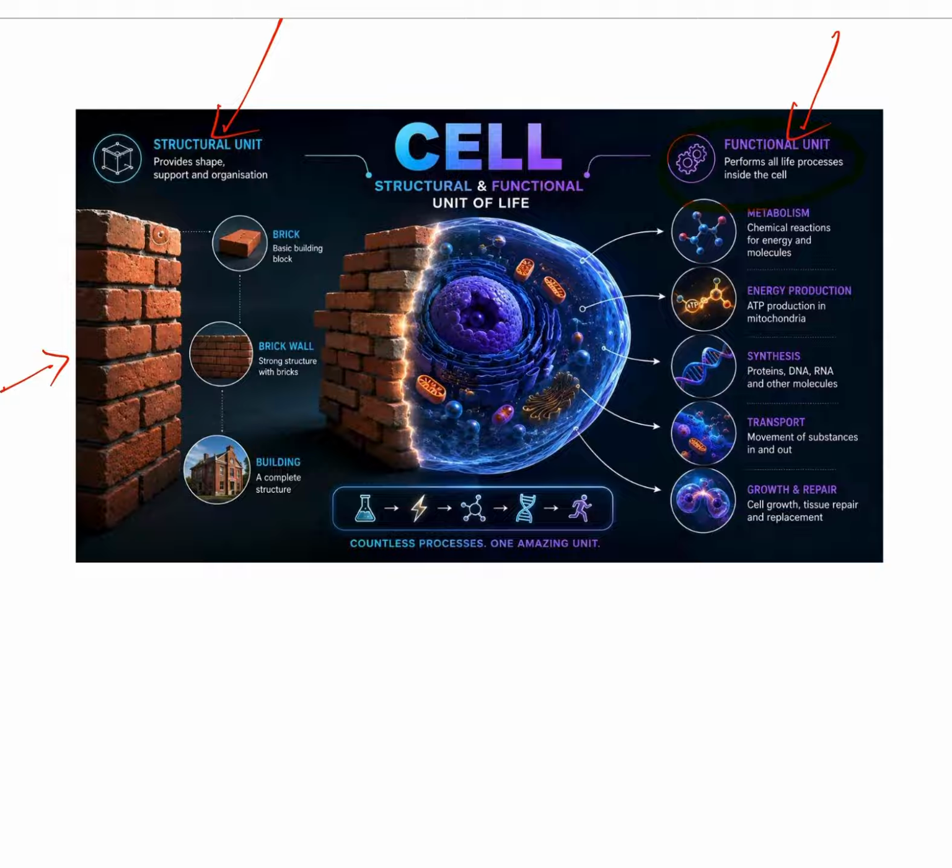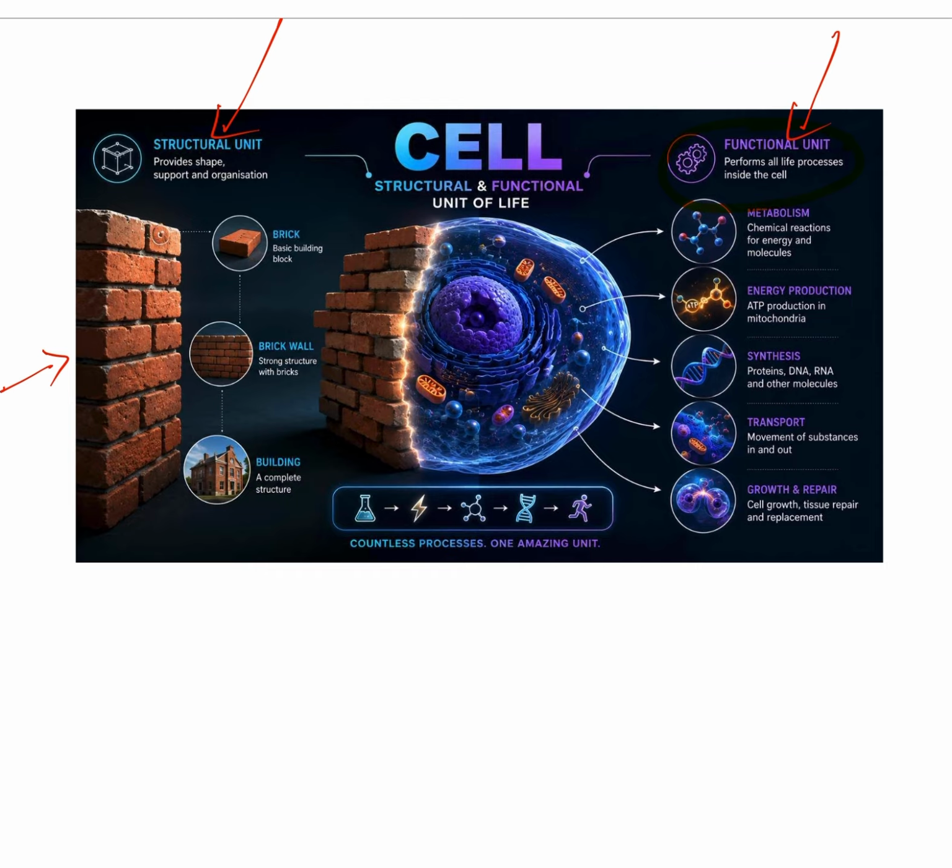Similarly, all the living things, the few-celled organisms and the multicellular organisms, they are made up of cells. The cells are joined together to make their body. Whether it's a few-celled organism or a multicellular organism, they are made up of cells. In the case of a multicellular organism, there are different types of cells. But the common thing is all of them are cells.